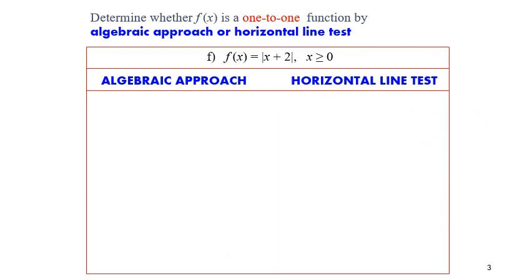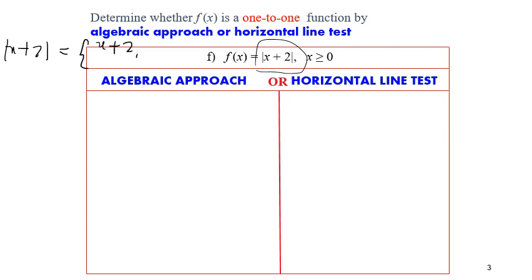Okay, next for question F. So in question F, f of x is the absolute value of x plus 2, where x is greater than or equal to 0. Remember, this is an absolute function. And for an absolute function, we have positive and negative definitions. So the positive definition will start at negative 2, right?